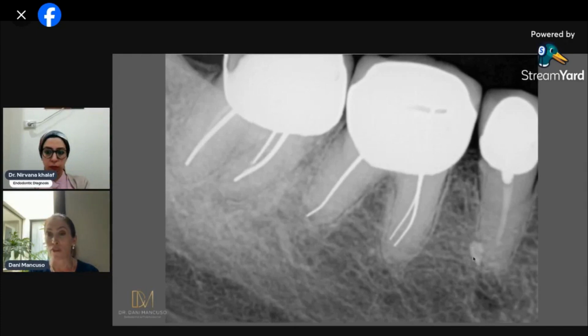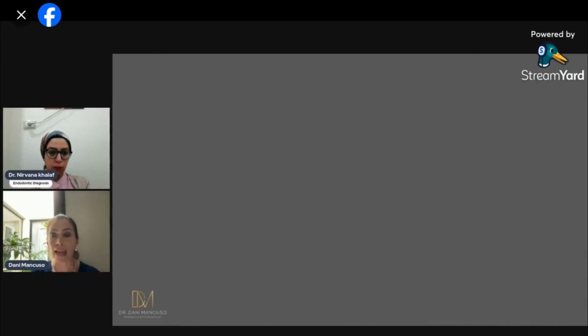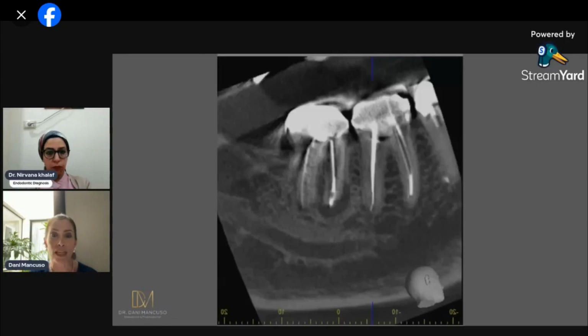There is a little bit of extruded GP or sealer here, possible coronal leakage, silver points in those roots, a bit short over here and short over there, and perhaps something over here, but you don't know. Can you tell where the radiolucency is? I couldn't. So on the CBCT, that's a lot easier to see.